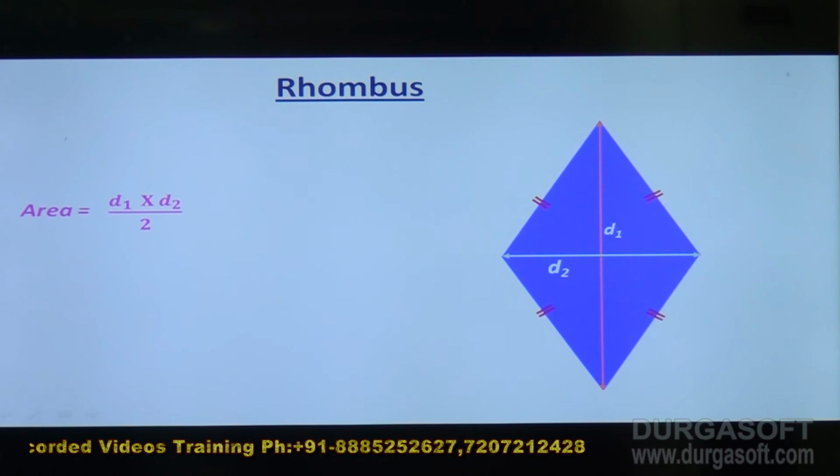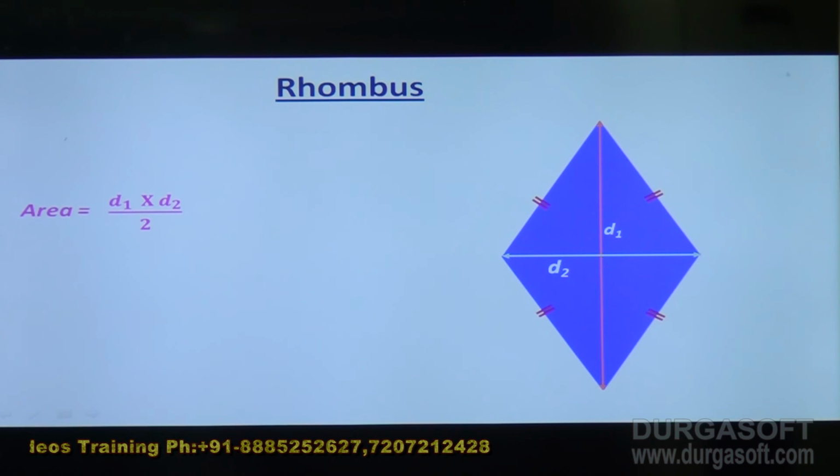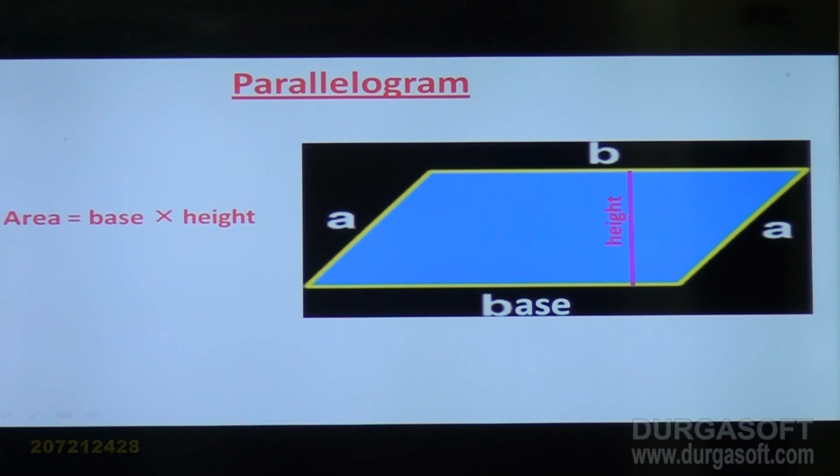And there are two diagonals, which are d1 and d2. So the area of a rhombus is d1 into d2 divided by 2. All the sides are equal in a rhombus, right?